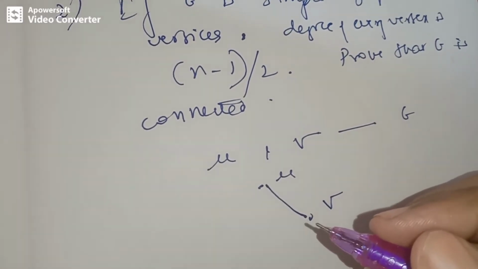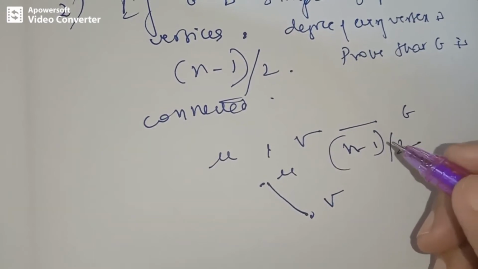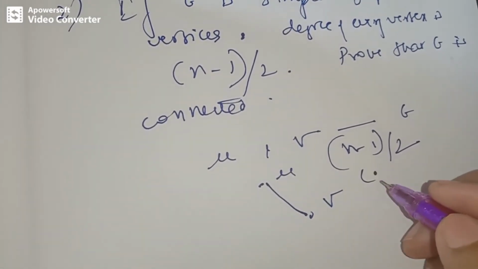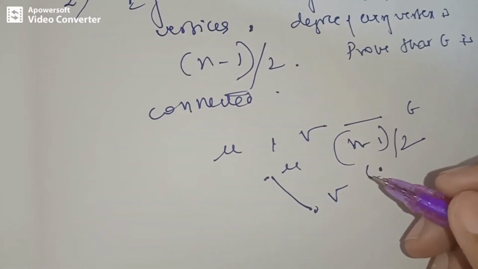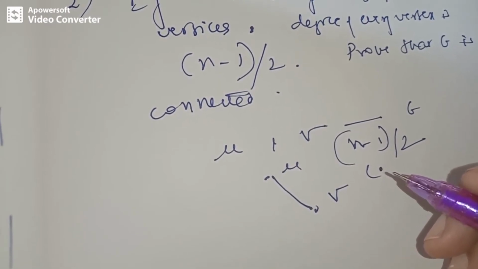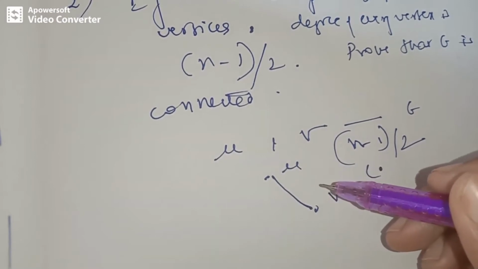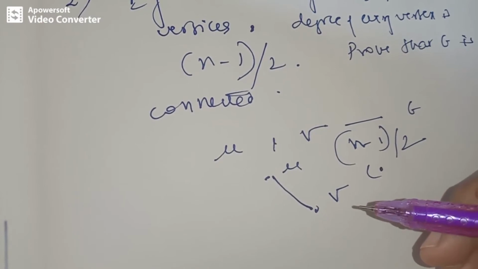Otherwise, each will have at least (n−1)/2 neighbors. For example, how many vertices are there here? There are 2 vertices. If we say that there are 2 vertices u and v which are adjacent, then G will be a connected graph.